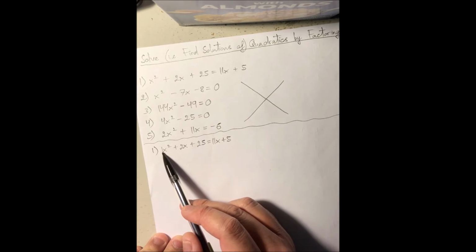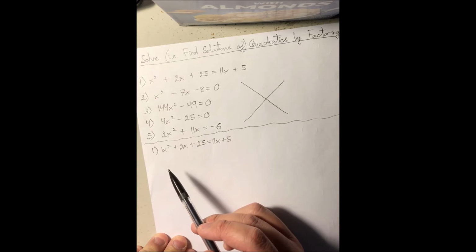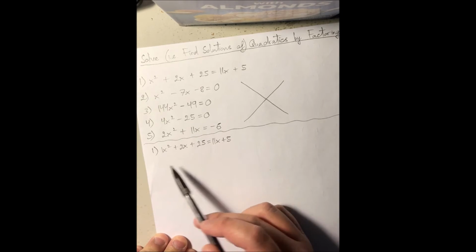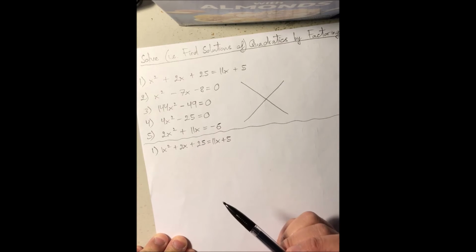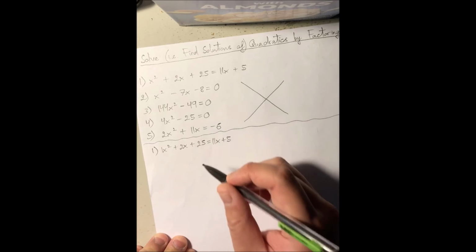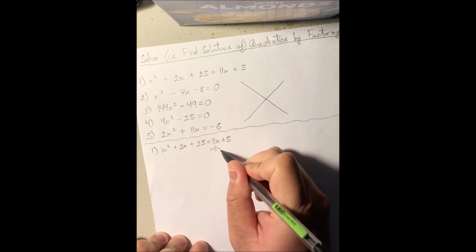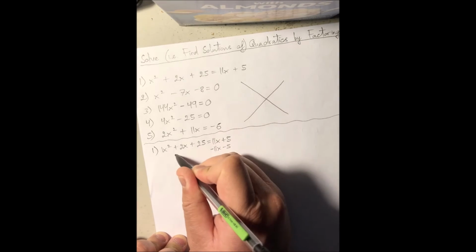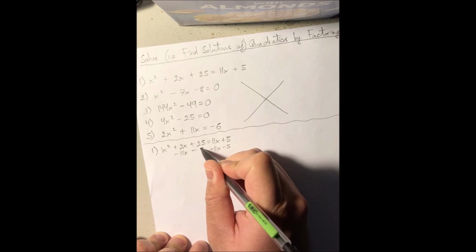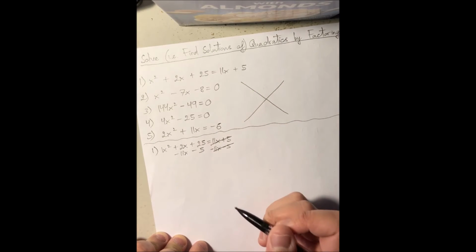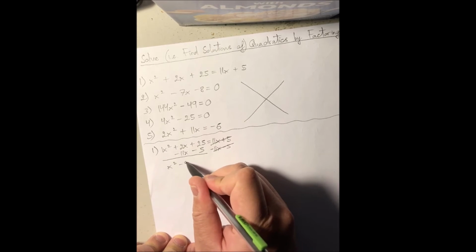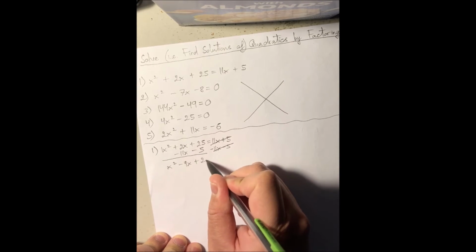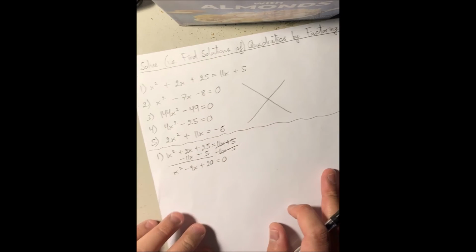So I have to leave the left-hand side alone, and move all of the right-hand side to the left so that the right-hand side can be 0, which is what I need. Subtract 11x and subtract 5 from both sides. I'm left with x squared minus 9x plus 20 equals 0.